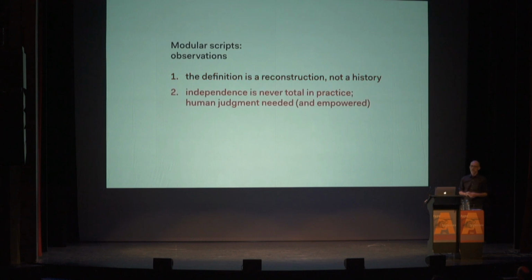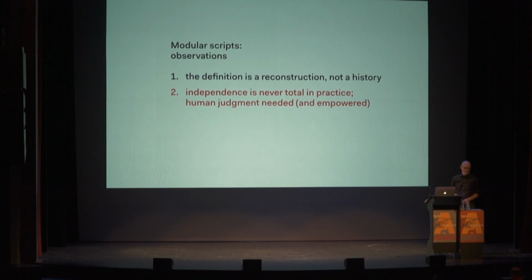And the second observation I want to end with is that the independence that I'm describing is never total in practice. For one thing, there are some basic characteristics that any system of forms that we want to call writing has to have, just to be recognized as writing. The shapes have to be disjointed, they need to be rationally spaced, they need to be of about uniform size, consistently drawn, relatively simple, et cetera, just to be writing in the first place.